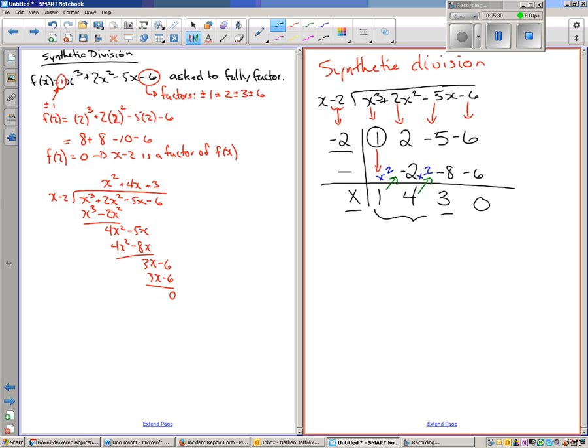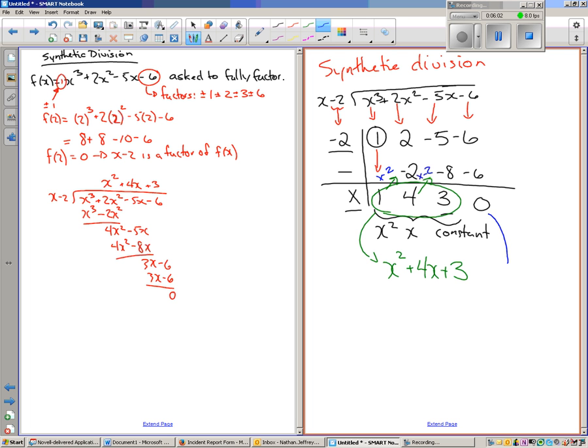What's left here is your quotient, and the last number would be your remainder. The quotient is going to be 1 degree less. Here we started with an x cubed, so this will be your x squared, this will be your x, and this will be your constant. So what's left here turns into the polynomial x squared plus 4x plus 3.